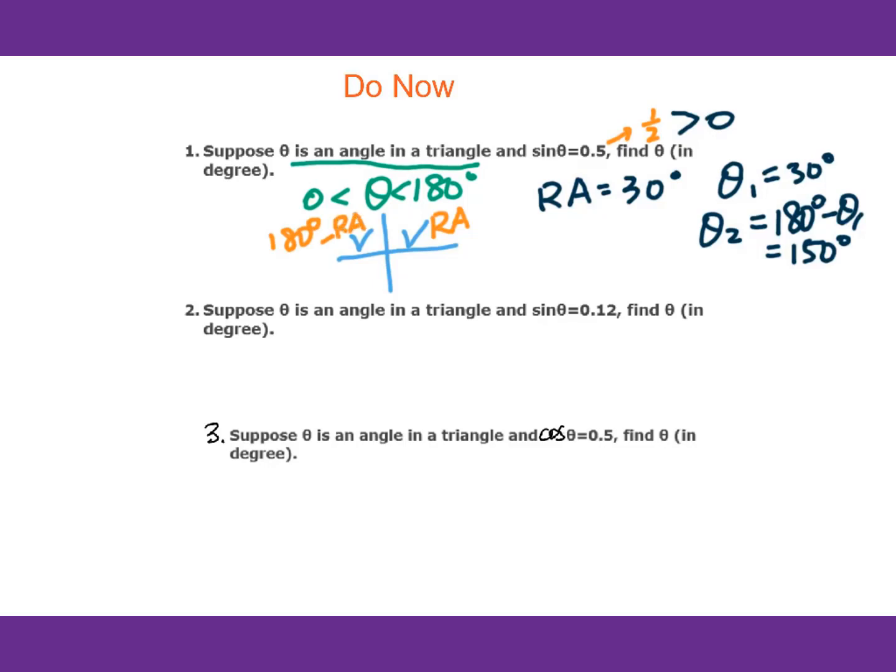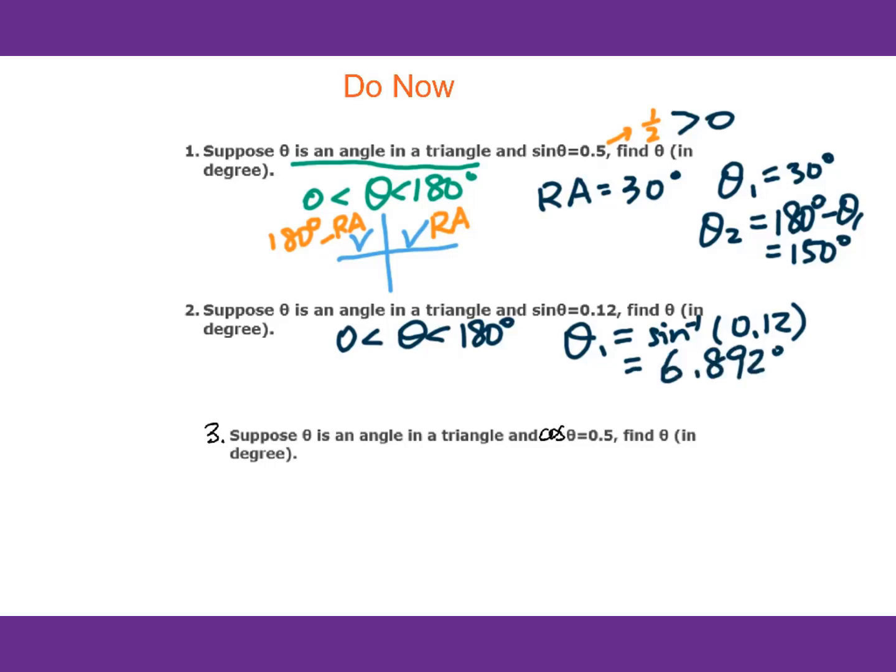Let's go to number 2. Suppose theta is an angle in a triangle. So we know theta is between 0 to 180 degree. And sin theta equals 0.12. Find theta in degree. We know theta 1 equals inverse sine of 0.12. Put into calculator, you will get 6.892 degree.